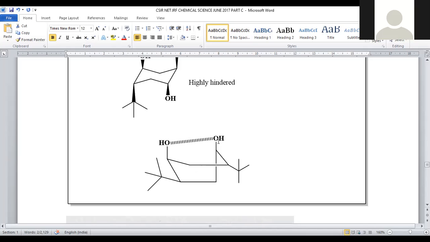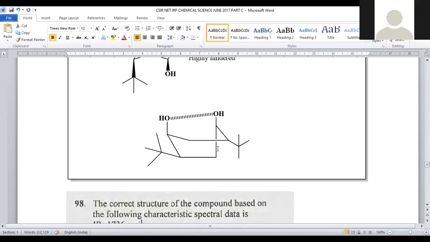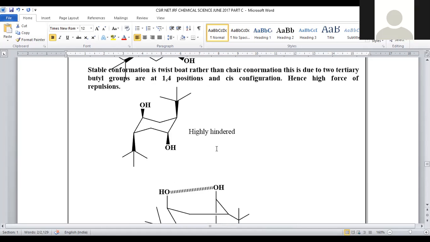Because of this only, water exists in liquid state in general in our nature. So that's why hydrogen bonding facilitates stability for this molecule. You can clearly observe in this twist boat, the two bulky groups are inclined in an equatorial manner. Both groups are equatorial, so the entire steric hindrance is totally minimized.